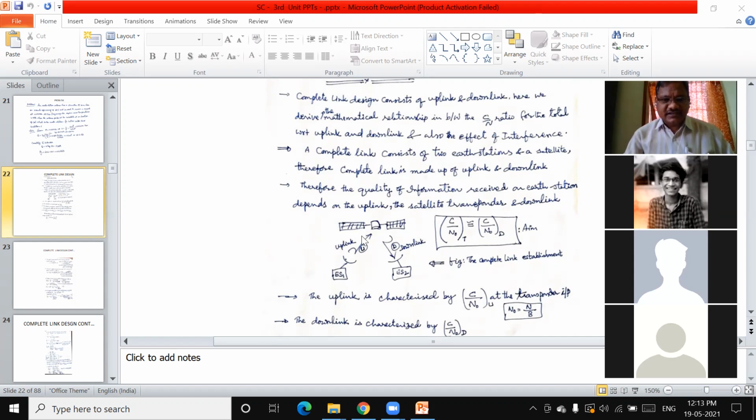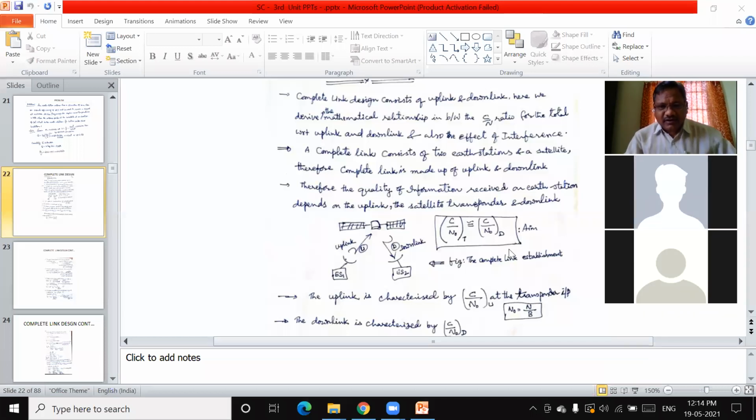So now what is this? The quality of the information received by this earth station 2 depends on the uplink, the satellite transponder, and the downlink, these 3 things. So now just please all of you follow this rectangular box I have kept here.